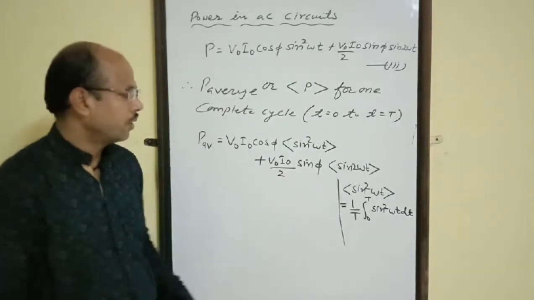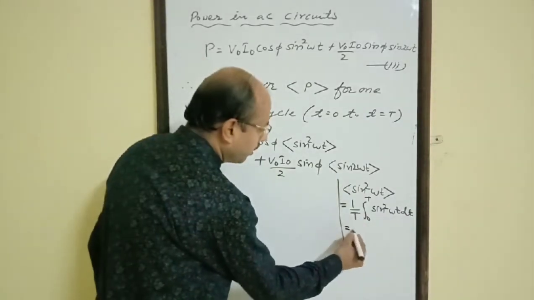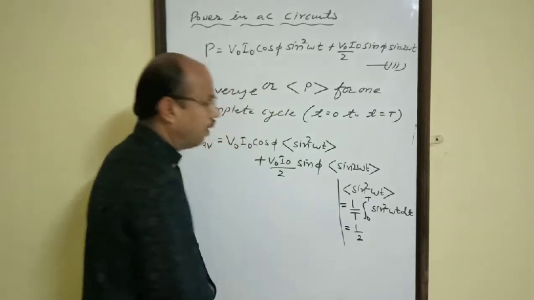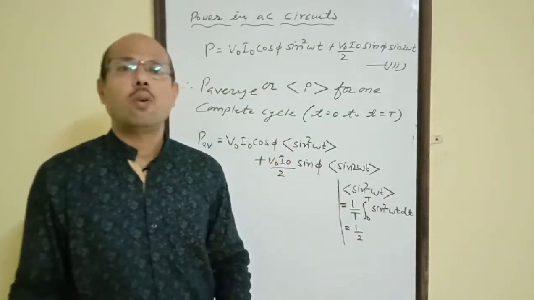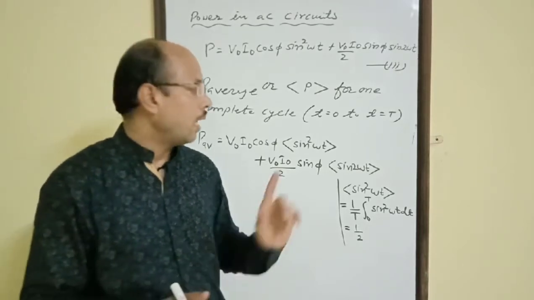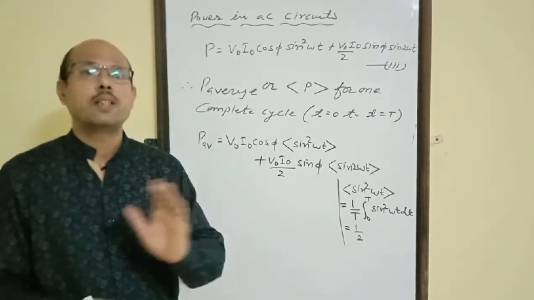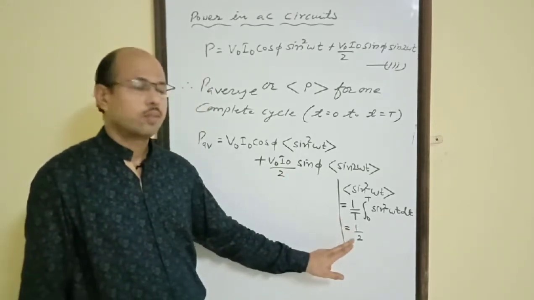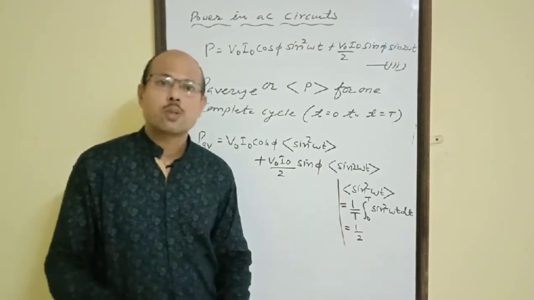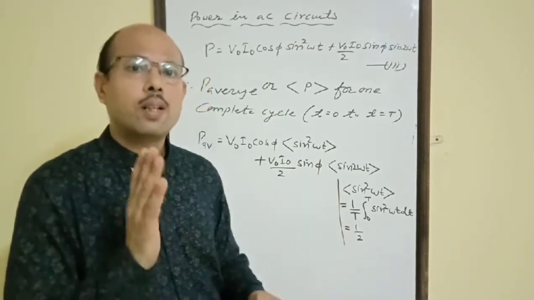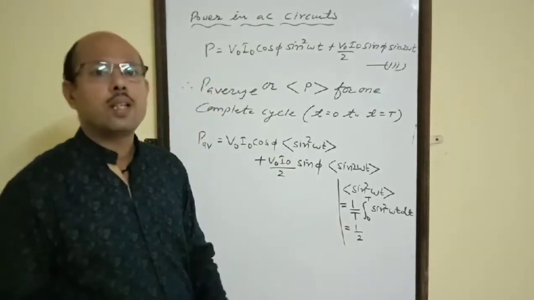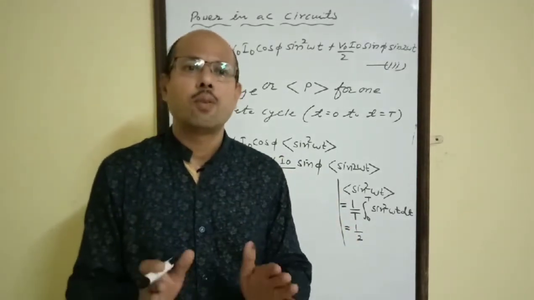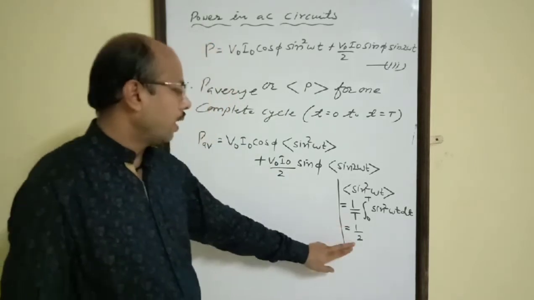If we solve this integration, we get the value half. It means you can directly remember that the value of sine square theta averaged over one complete cycle is half.